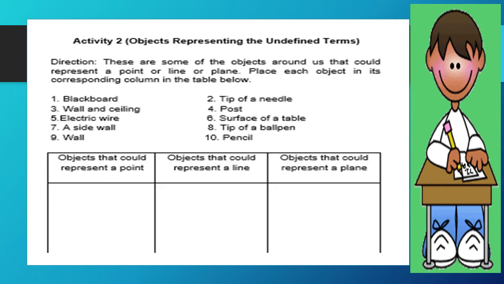It represents a plane. Post. It represents a line. Electric wire. It represents a line. Surface of a table. It represents a plane. A side wall. It represents a line. Tip of a ball pen. It represents a point. A wall represents a plane, and a pencil represents a line.